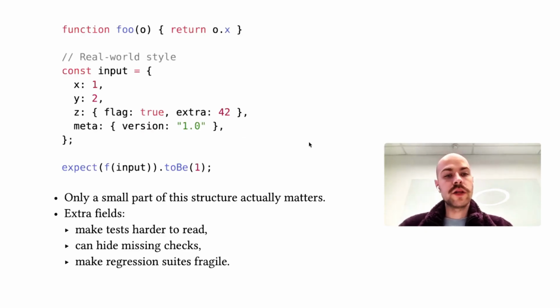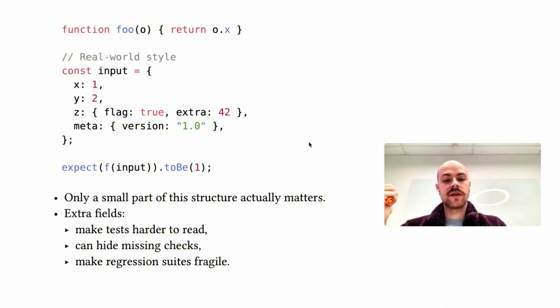For example, here we can see a function foo, which just takes the x property and returns it from the method. It doesn't need information about any other properties of the argument it takes. But in the real world, analyzers, fuzzers, or other test generators may produce brittle, big structures for these input objects and pass them into the method. And it has three main issues.